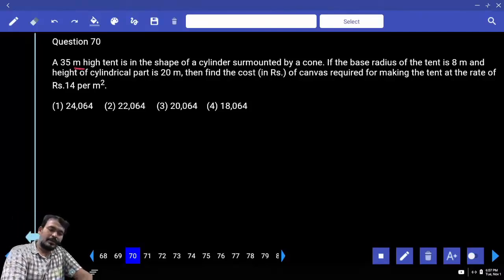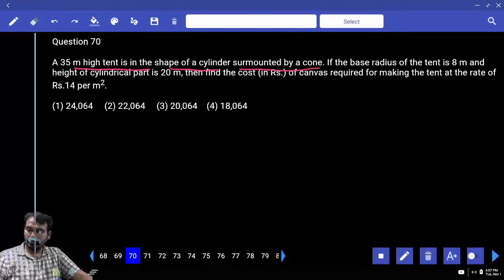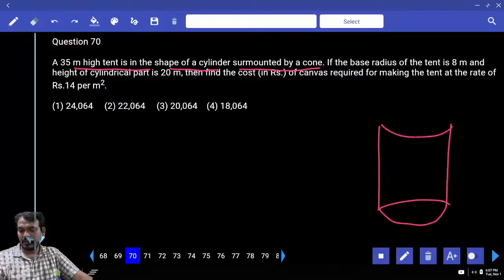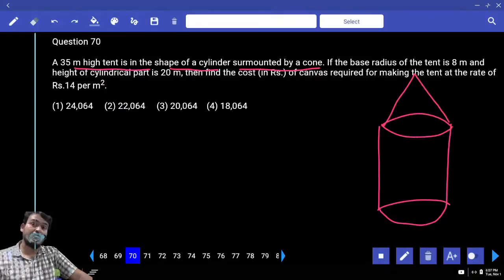A 35 meters high tent is in the shape of a cylinder surmounted by a cone. That means the bottom is a cylinder and the upper portion is a cone.